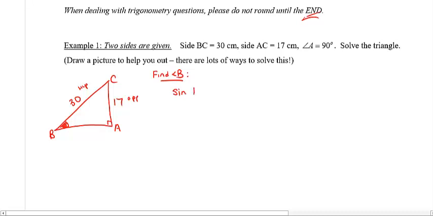So sine, that's right. Sine of angle B equals opposite over hypotenuse. And when you want to find the angle B, we need to remove the sine from the left side. We do that by taking the inverse sine function on the right side.